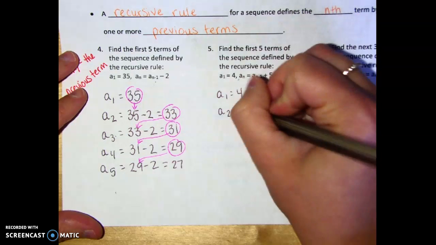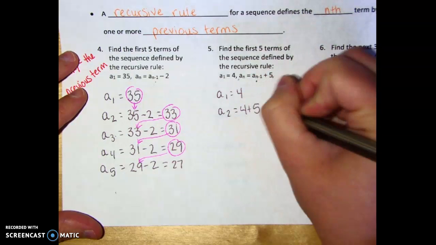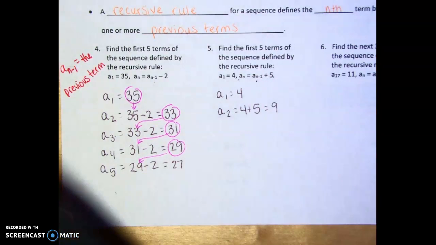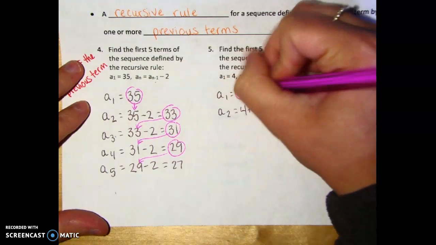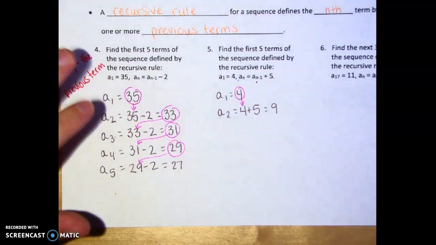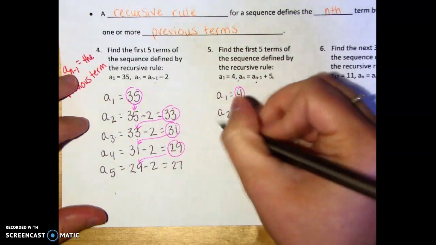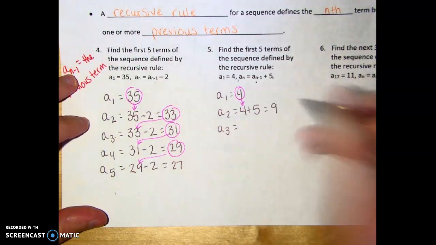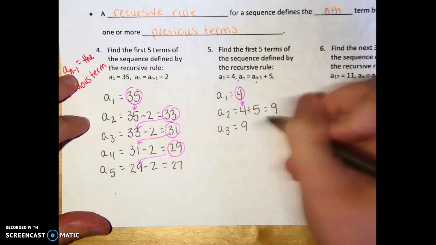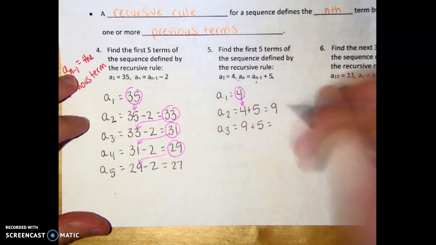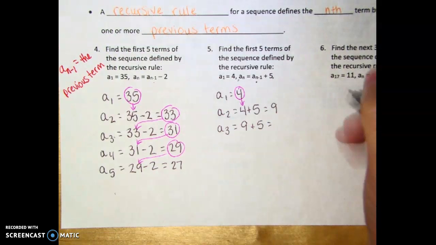So 4 plus 5, and that is 9. And I got that and plugged it in right there. Now for a sub 3, take the previous term, 9, and add 5 to it. 9 plus 5 is 14.